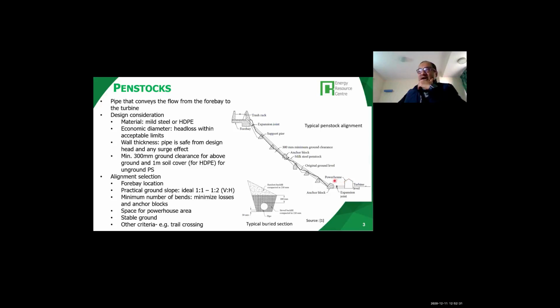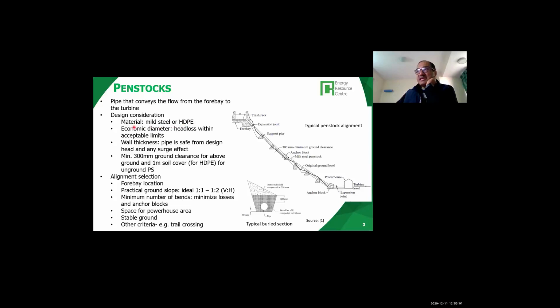The cost of the penstock can be a good portion of the total cost of the hydropower project, especially for micro and mini hydro projects. And the design of the penstock involves different factors.